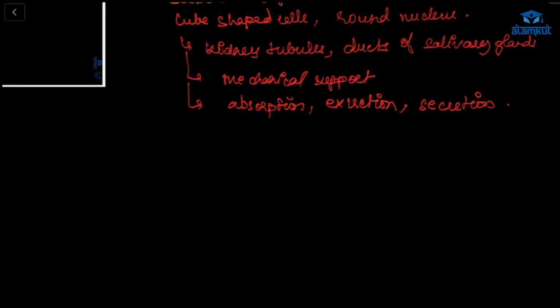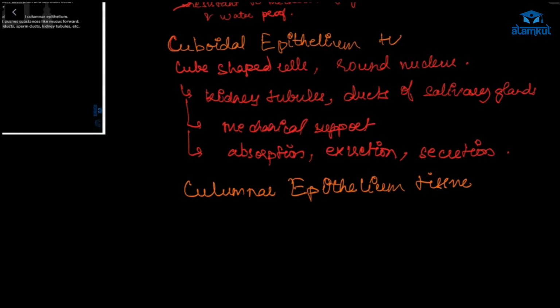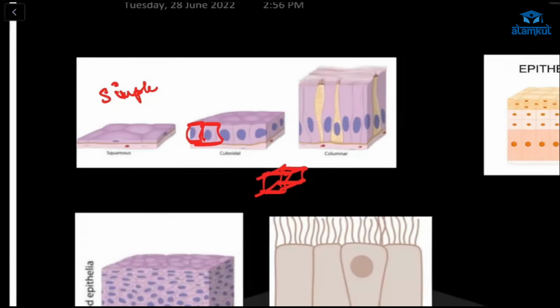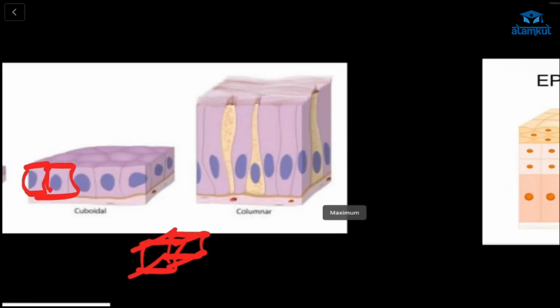Okay. Next, we have columnar epithelial tissues. Here, look at this picture and tell me what type of cell it will have. This is the columnar. Can everyone see this?